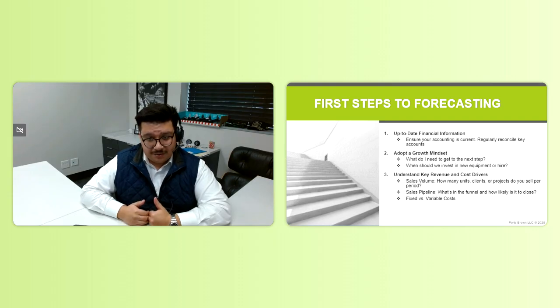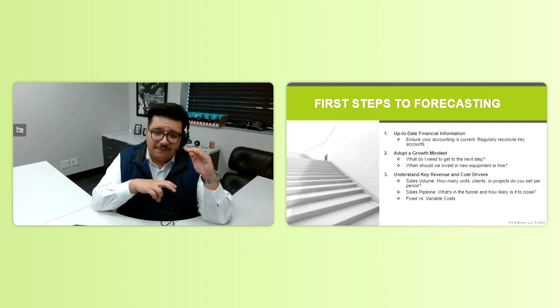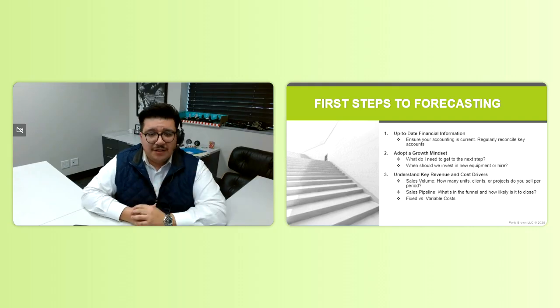If you're a manufacturer, how many units do I need to sell, and understand the cost of goods sold. Having really strong fundamentals of, hey, I sell this, this is what my costs are, this is what my net income or my margins are going to be, is really important. And if you haven't gone through that practice or that example before, that's where you go back to the fundamentals of what's really driving your business.